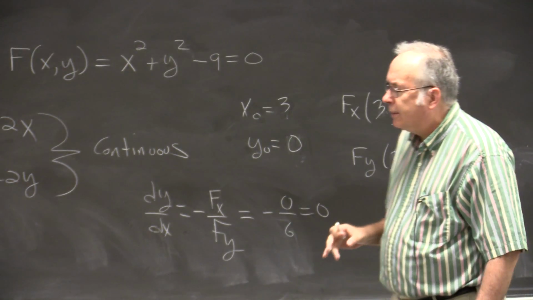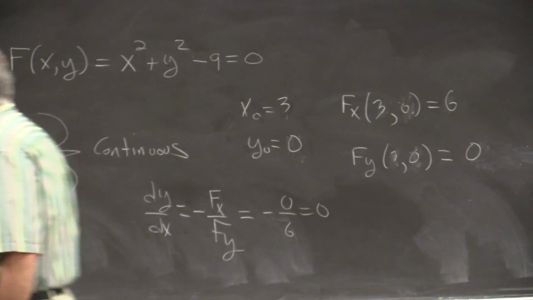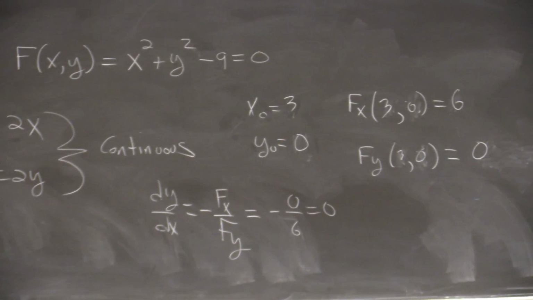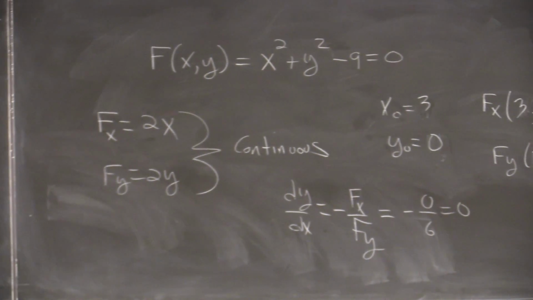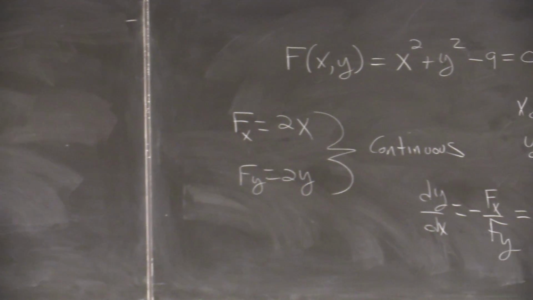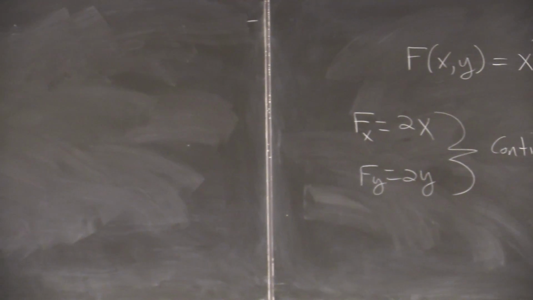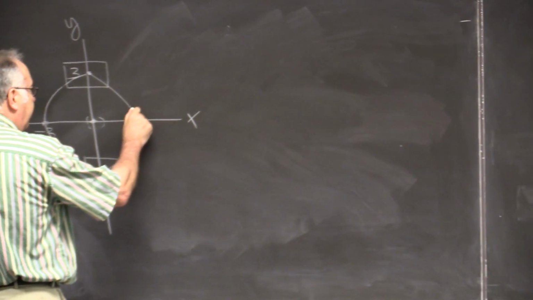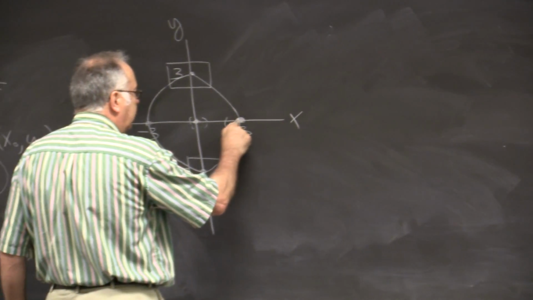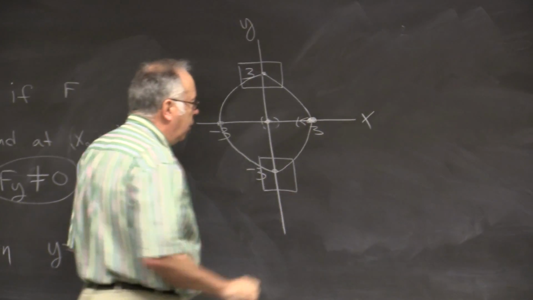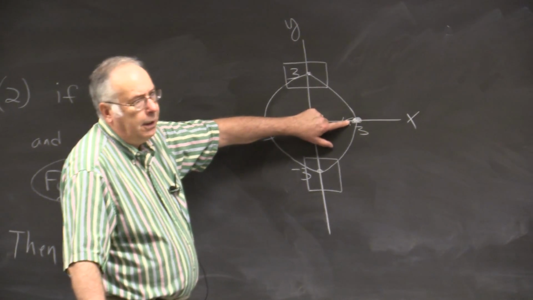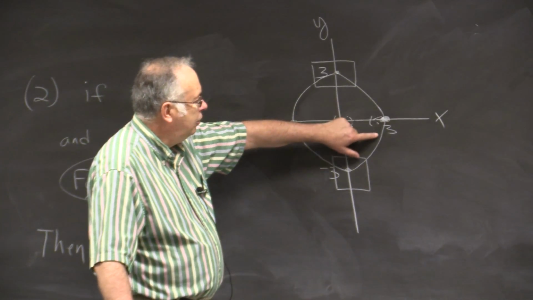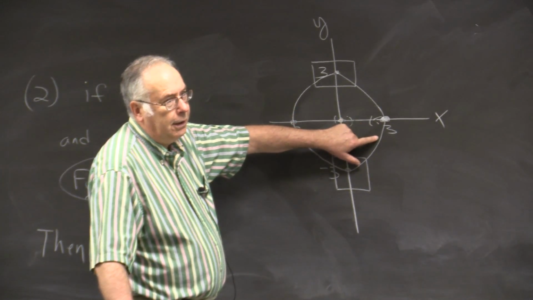Because part of the implicit function theorem involves this assumption that capital F sub y is not 0. You can see what the problem is. If you pick this point right here, you can't go any higher because you've got to be on the circle. But you could go to the left. But if you go to the left, then there are two different values of y.